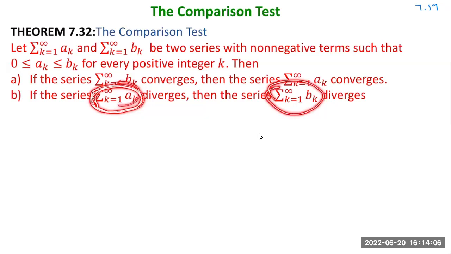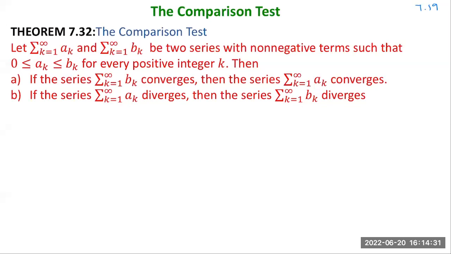But if you know that the smaller summation diverges, then the bigger summation should diverge. In other words, if the smaller summation is infinity, this summation also should be infinity because b_k is greater than or equal to a_k for all k. All right, that's the idea of the comparison test.